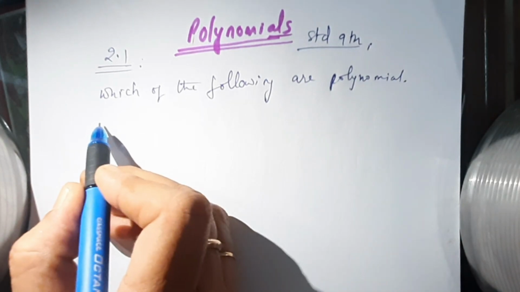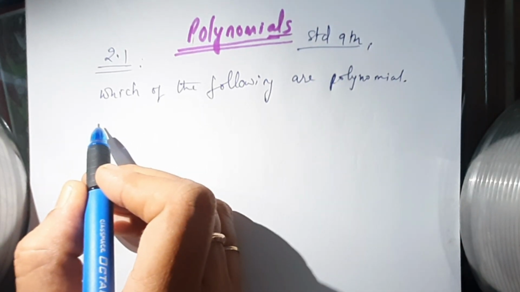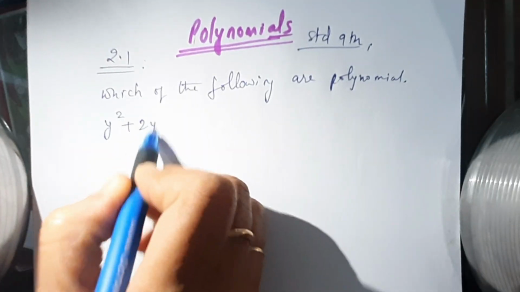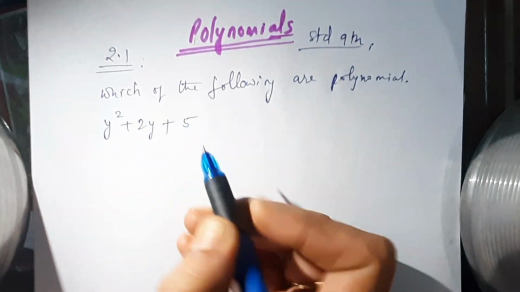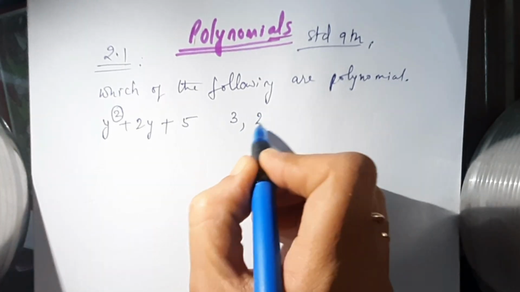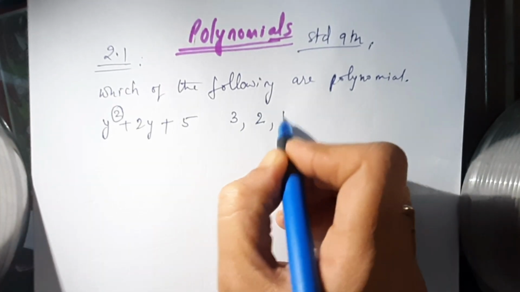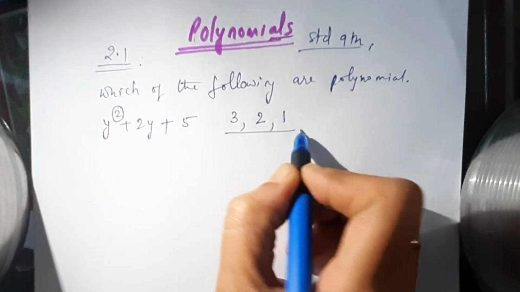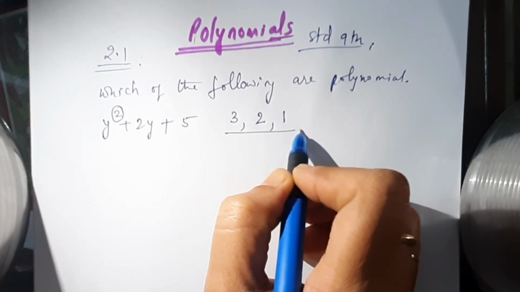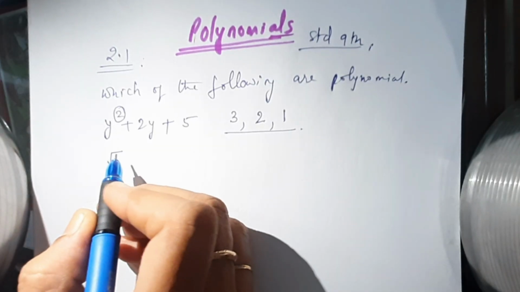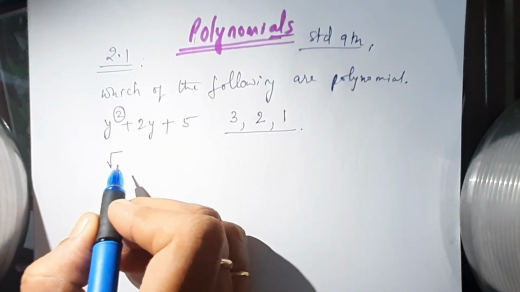Whenever an expression has a certain power, like y square plus 2y plus 5, if there is a certain degree, it can be 3, 2, or even 1, or any other higher degree, it is called a polynomial. The condition for an expression not to be a polynomial: the degree should not be a half, it should not be in fraction.